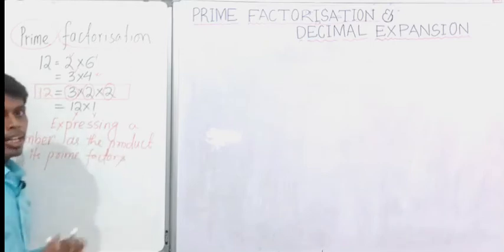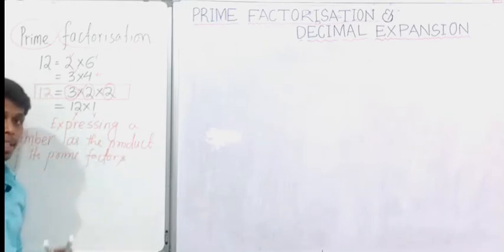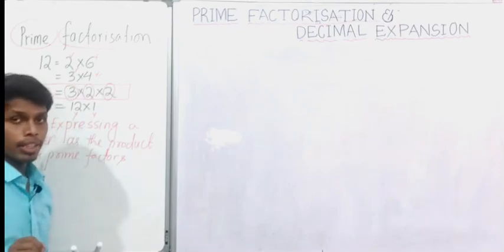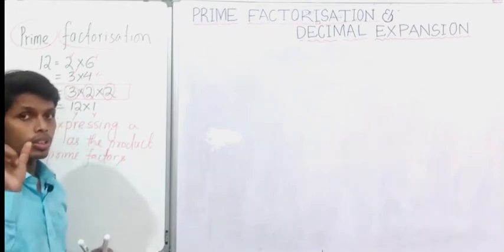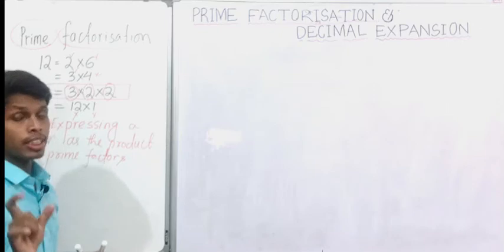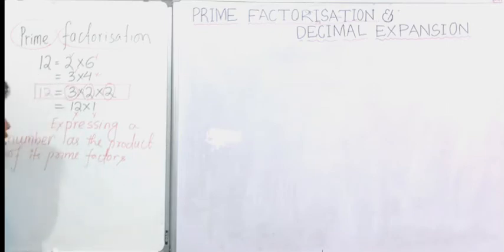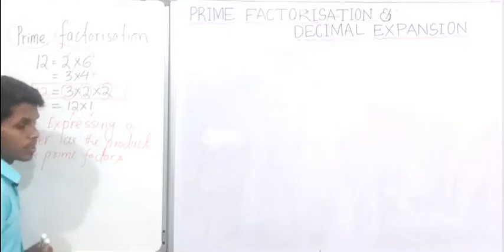So when a given number is expressed by multiplying its prime factors, then that factorization or that expression is called the prime factorization of that given number.